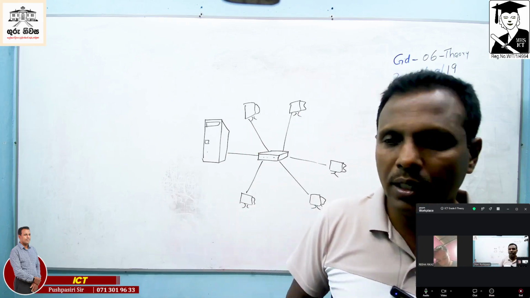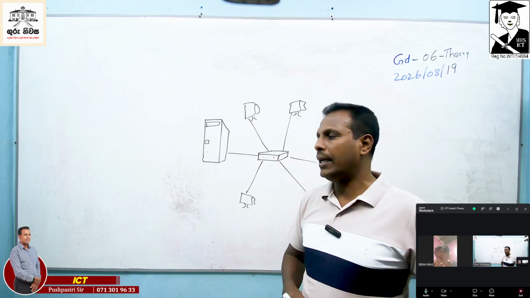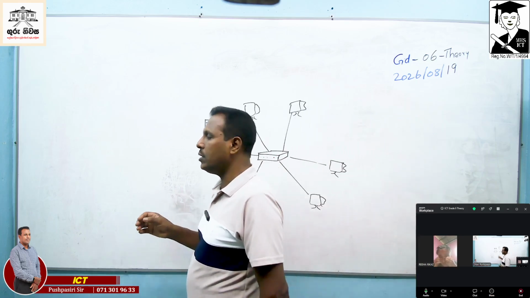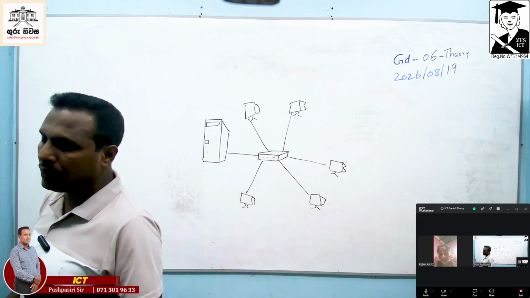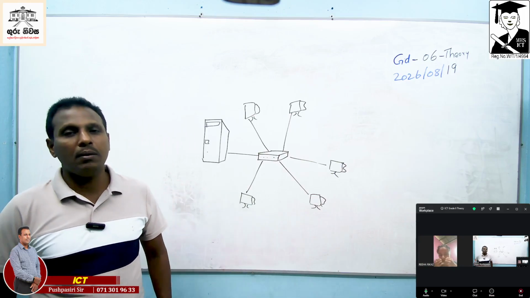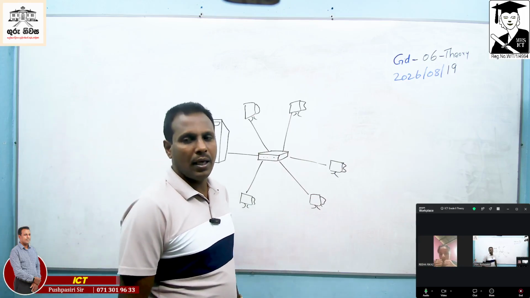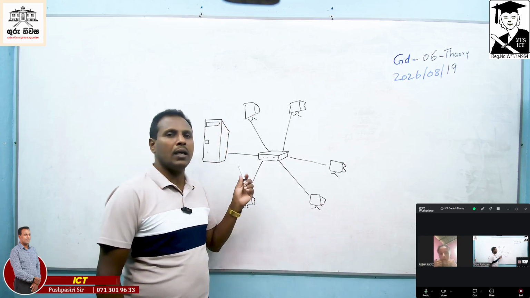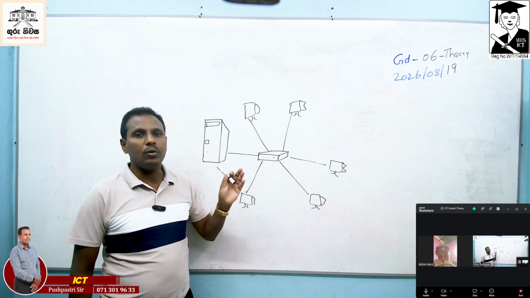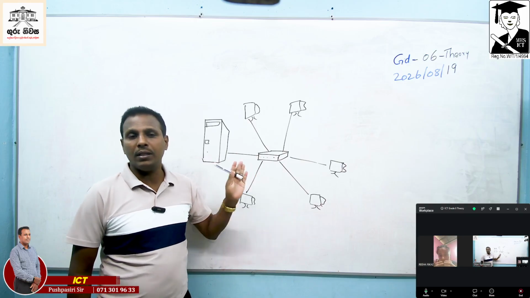That is a network. Like that, there are many network systems. Many companies have a lot of computers connected to each other. So there are thousands and thousands of networks in the world.